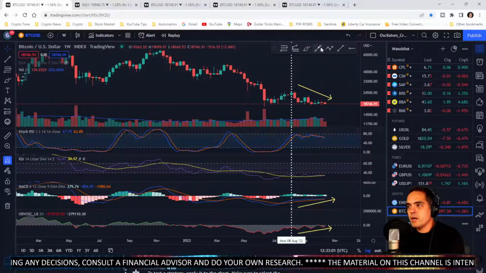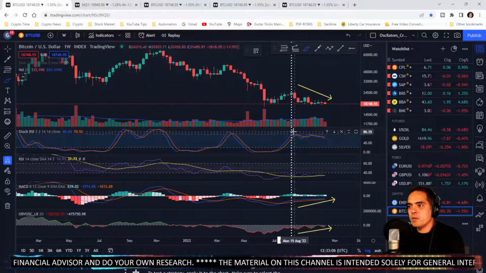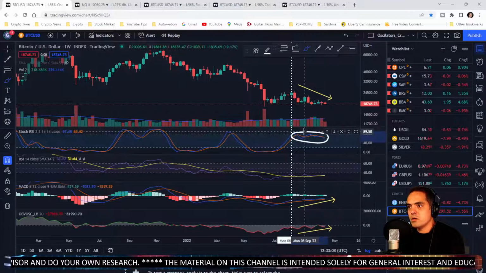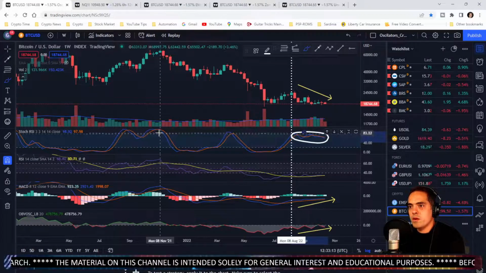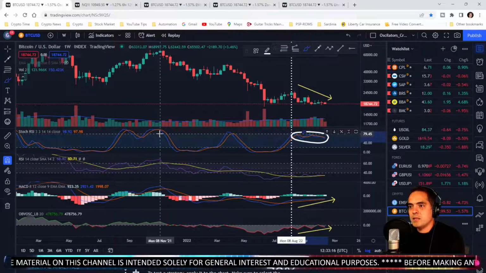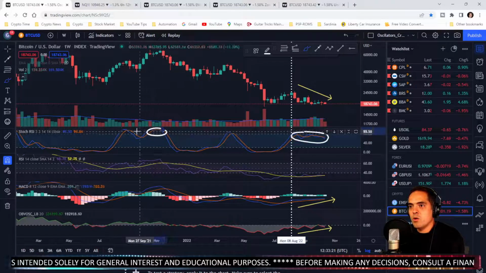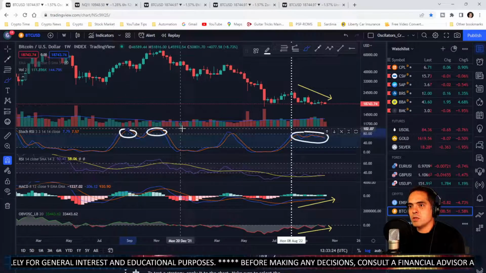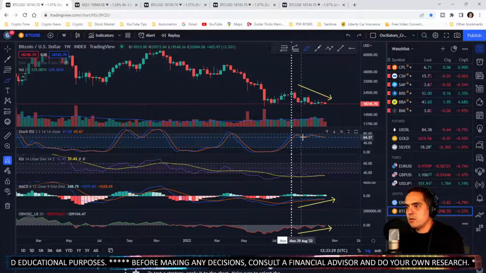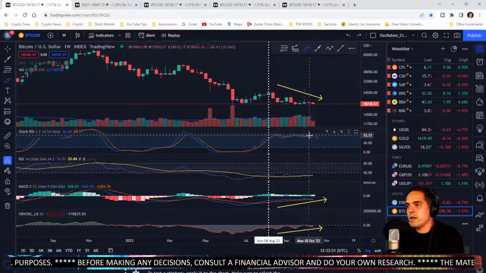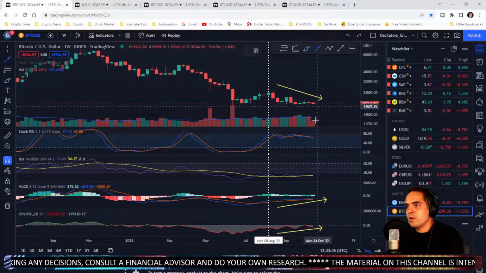So the idea here is that we are kind of in an overbought zone up here. That would be more so once we break through this 80 level and go above. This is the overbought zone. But here we almost reached that zone, at 80 we did that, and now you see we are moving down.